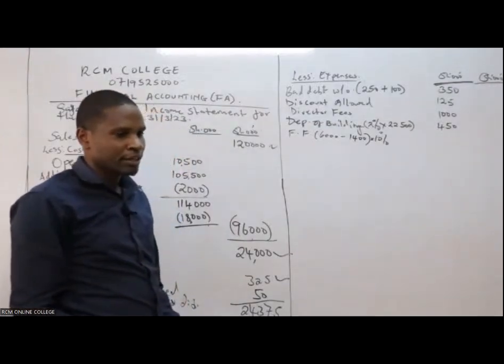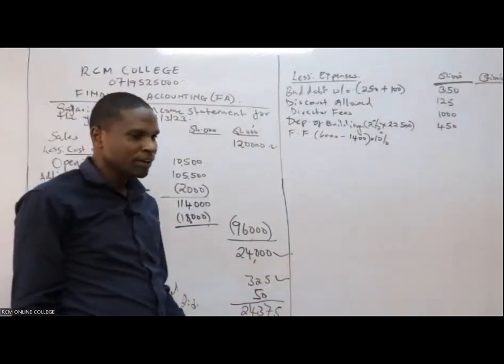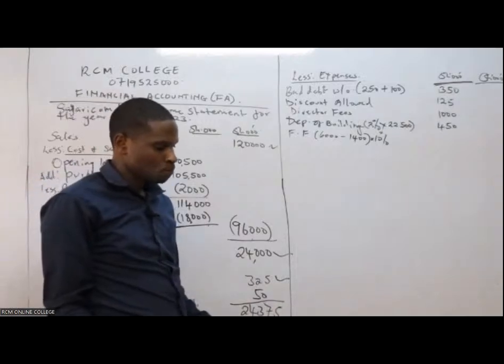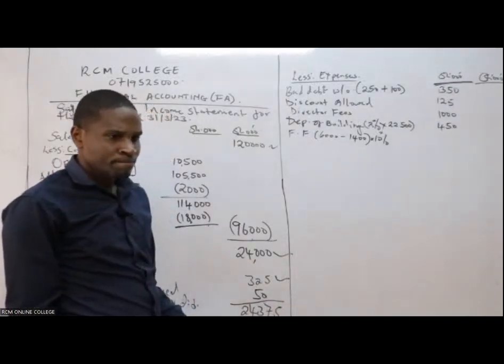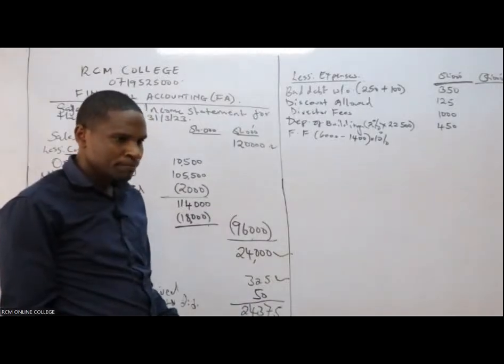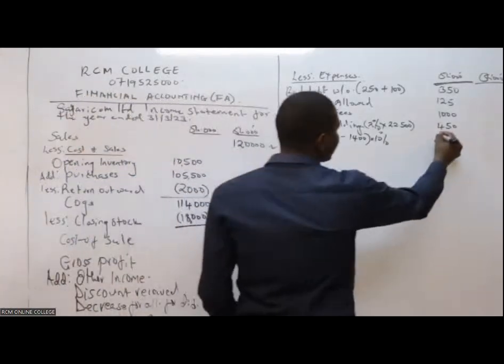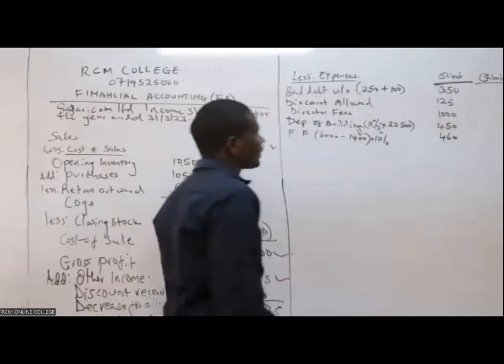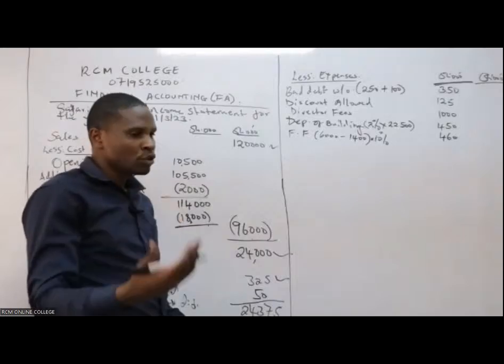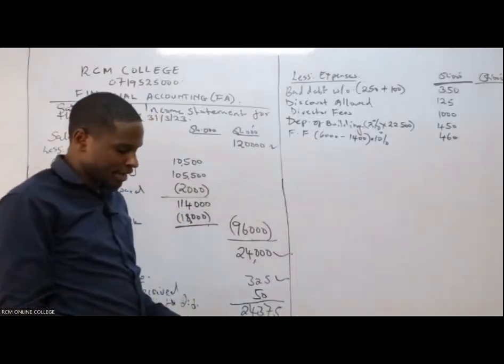Acha nione nani anapatia pale. Furniture and fitting depreciation ni ngapi? 460 asanti. Then in the additional information, I've been told something regarding the admin expenses.